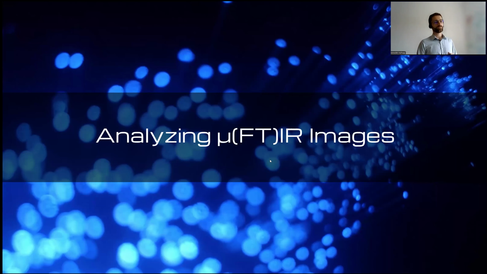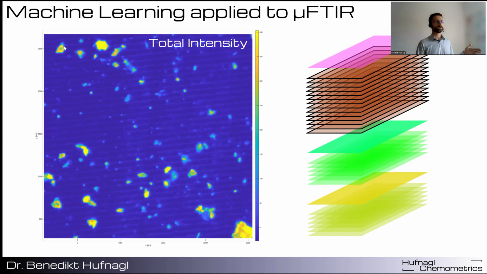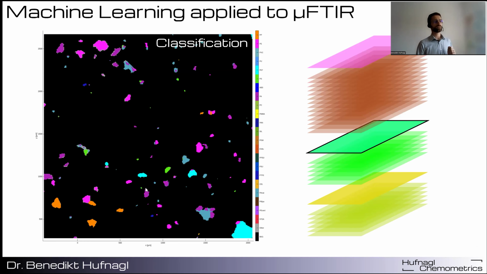And if we want to apply this to imaging, what we can do is we get different kinds of data from our machine learning model. First, the highest matching polymer class, but also some kind of scores for every spectrum. And if we apply this machine learning model to every pixel of our imaging data set, we can get a classification result like this, where the different particles are highlighted in the colors of the respective polymer class.